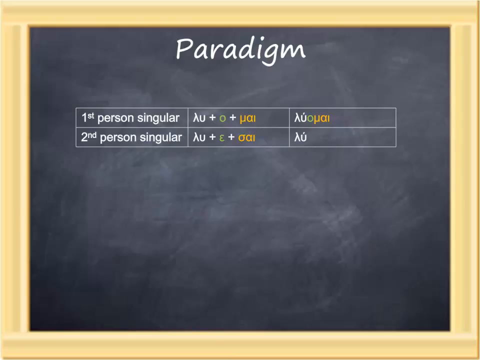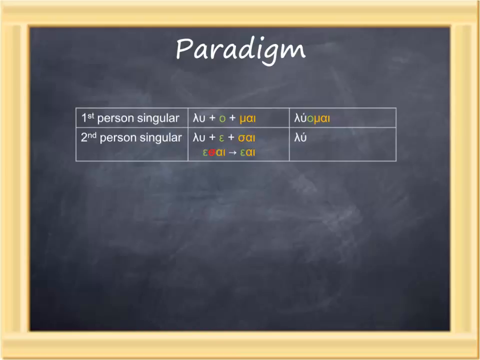But this form is a bit unusual because something happens to it on the way to its final form. The combination epsilon, sigma, alpha, iota causes the sigma to drop out, leaving a combination of epsilon, alpha, iota. By Rule 5 of the contraction rules, epsilon plus alpha contracts to eta, with an iota following.